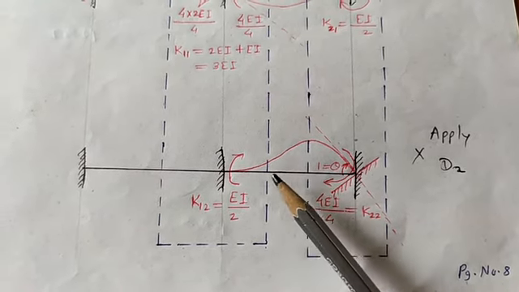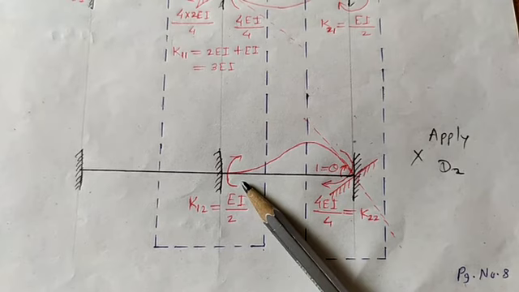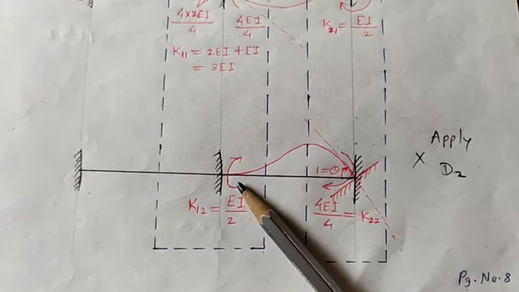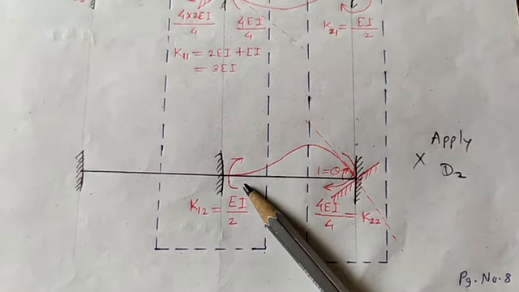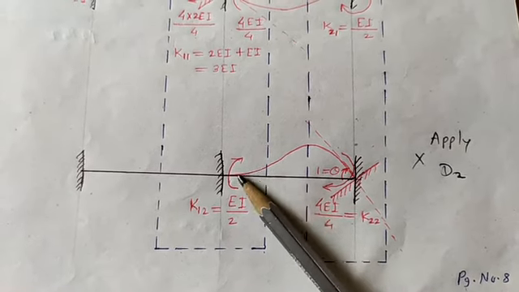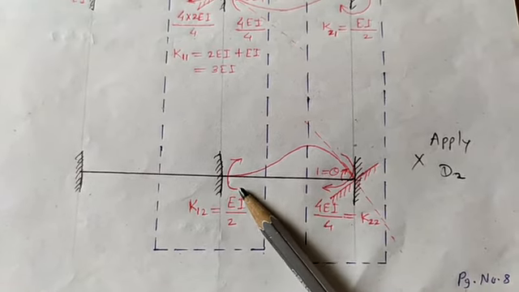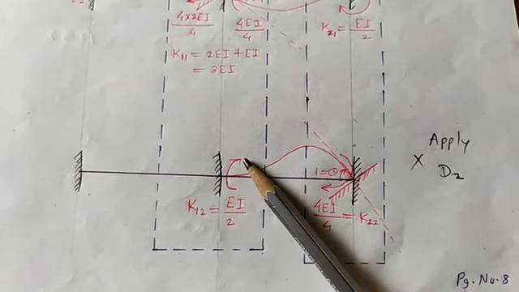That's why this moment is the moment MBC. So to show MBC, I have to show this moment in the BC region only. That's why on the right side I have shown this curve.